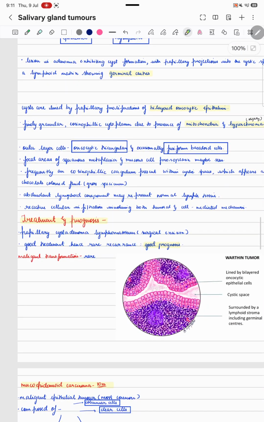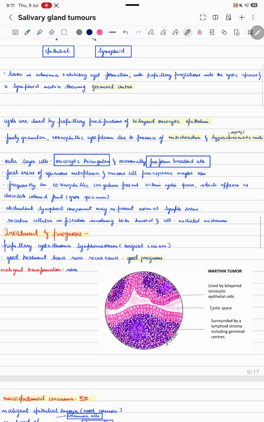A focal area of squamous metaplasia and mucous cell hyperplasia may be seen. Squamous metaplasia of these cells can be seen, and a focal metaplasia of the mucous cells can also be seen.